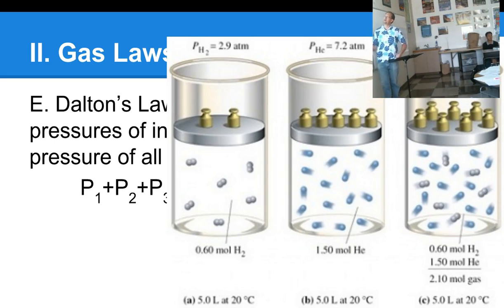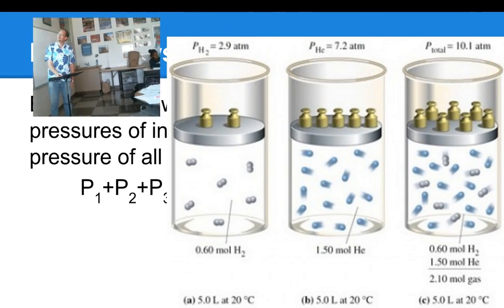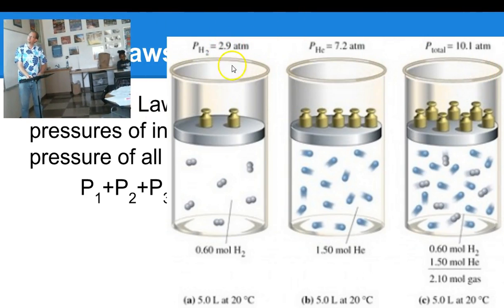Then I can calculate the pressure in the entire container by adding those two up, and predict what the pressure in the container will be if it has those two gases in it. Across the top, it does the arithmetic for you. 2.9 atmospheres of pressure provided by the hydrogen, 7.2 atmospheres provided by the helium. So the grand total would be 10.1 atmospheres of total pressure in the container if you added up the hydrogen and the helium. It's just straight up addition.